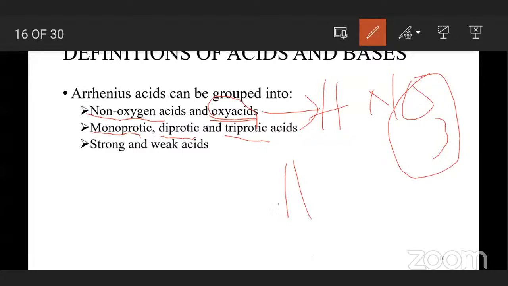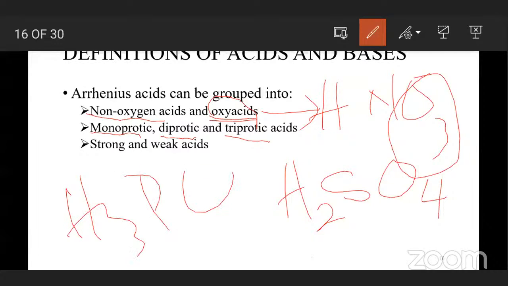Another example is H2SO4, which is also an oxy acid. You can also have H3PO4, also an oxy acid. We may also have non-oxygen acids. An example of that is hydrochloric acid. Hydrochloric acid only has a hydrogen atom and a chlorine atom. There's no oxygen there, yet it's an acid.